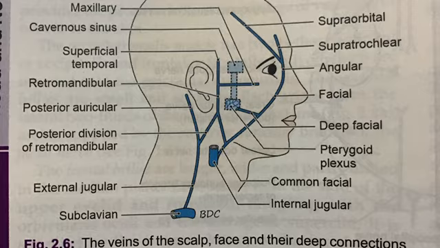The retromandibular vein is formed by the connection of the posterior division of the retromandibular and the facial vein, and these two pass through the parotid gland. The retromandibular vein and posterior auricular vein join together to form the external jugular vein, which opens into the subclavian vein.